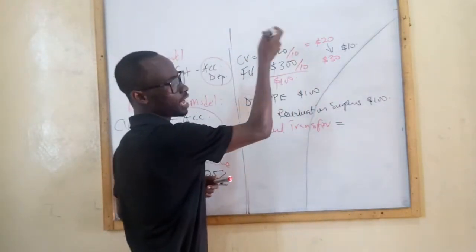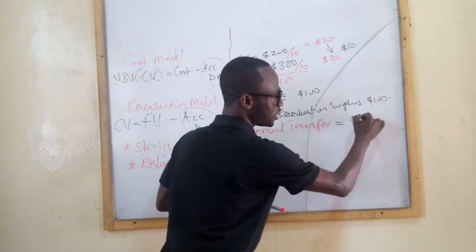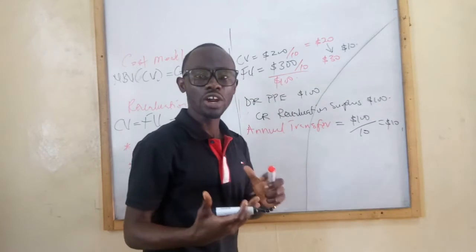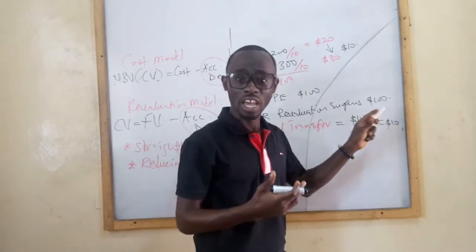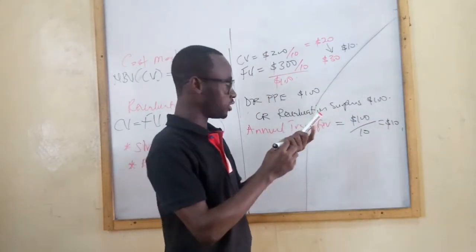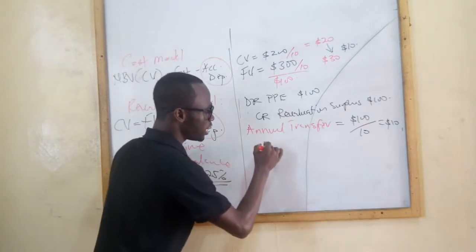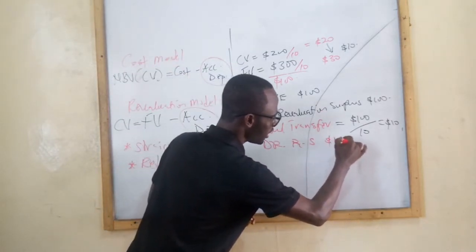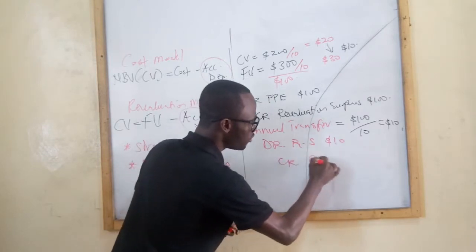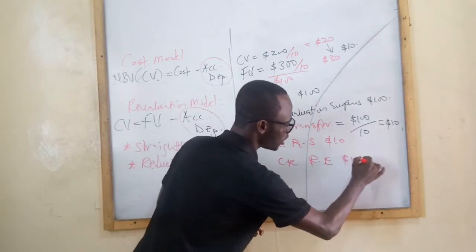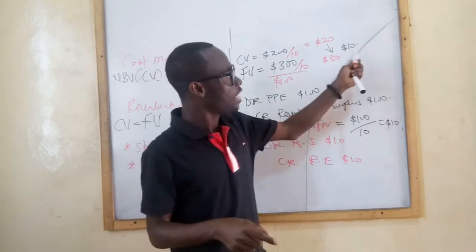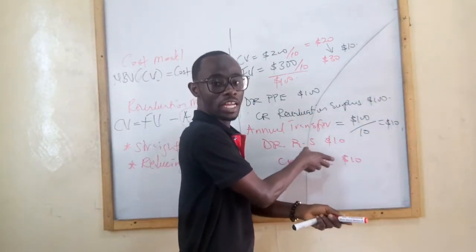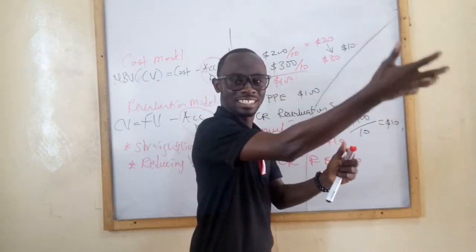Since the useful life of the asset is 10, this will also be 10. So it's going to be 100 over 10, and that will be what? $10. So every year we're going to be transferring $10 from the revaluation surplus account. So the double entry will be debit revaluation surplus with the $10, and then you credit retained earnings with $10. So you will see that even though our profit is reducing by 10, shareholders are being compensated by that 10 back.